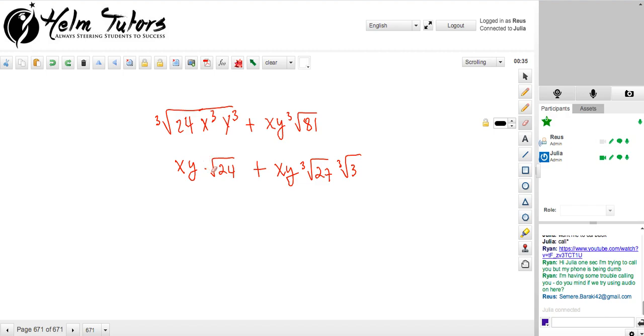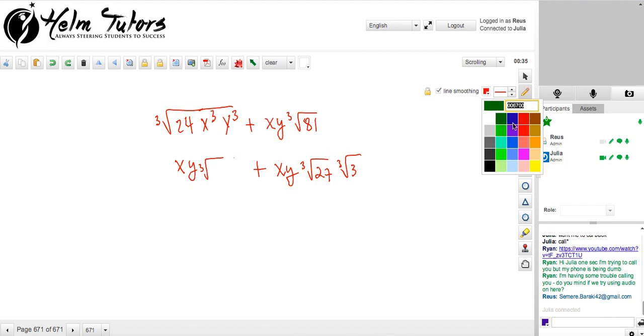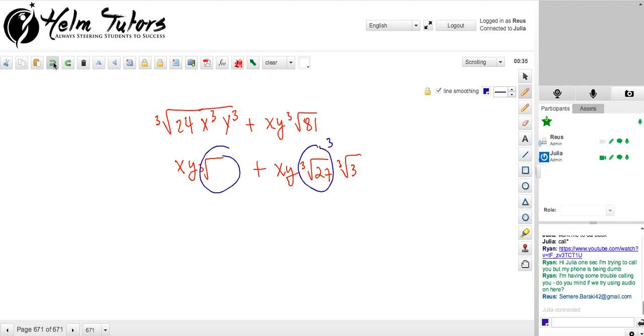How is that? Sorry, not the 27. I think I misspoke if I said 27. This 27 we know is going to be a 3. It's a perfect cube. But the 24 right here, we had written a cube root of 24. Well, 24 isn't a perfect cube, but there's a perfect cube that goes into 24. What's that?